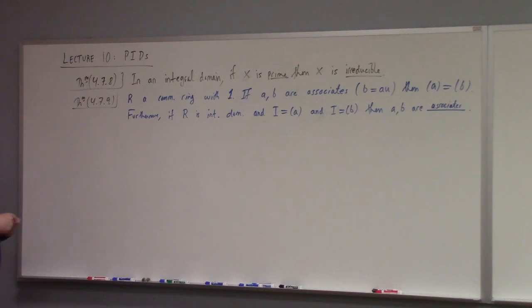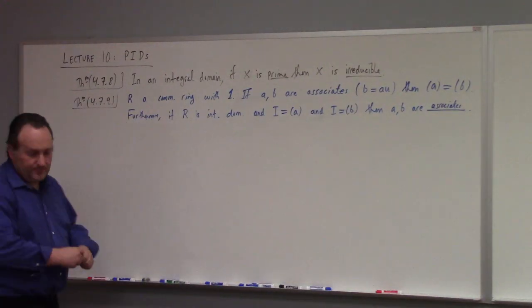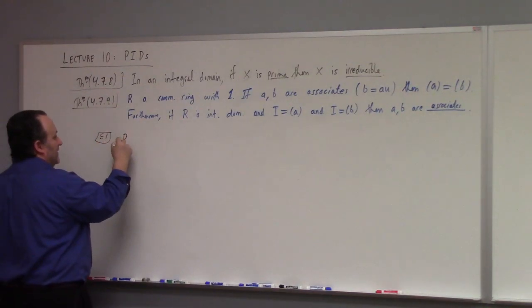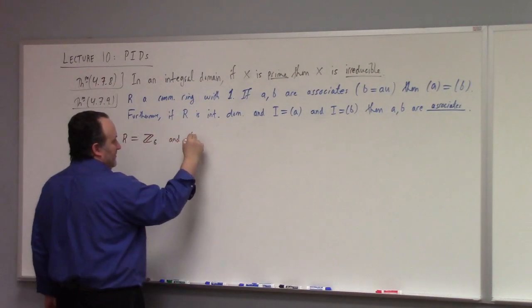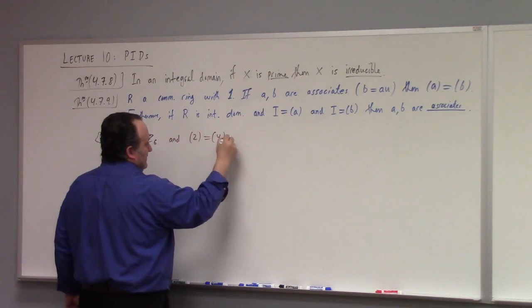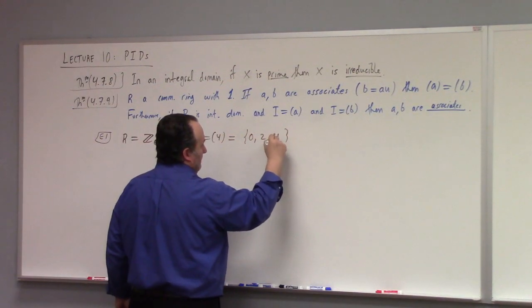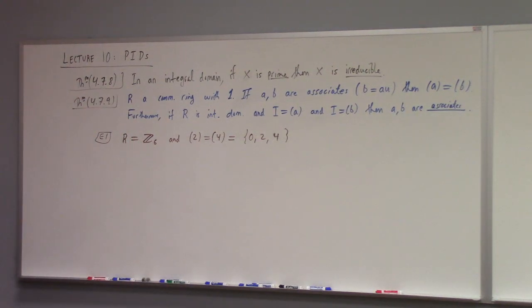Cool. Now, what if R is not an integral domain? Could this still happen? Does it have to happen? Can this theorem be strengthened? I mean, what's the deal? So, an example, our example 1 for today, is you could look at R equal to Z6, right? And if we look at the ideal generated by 2, it's the same as the ideal generated by 4, which is namely 0, 2, and 4, right? Are 2 and 4 associates in Z6?